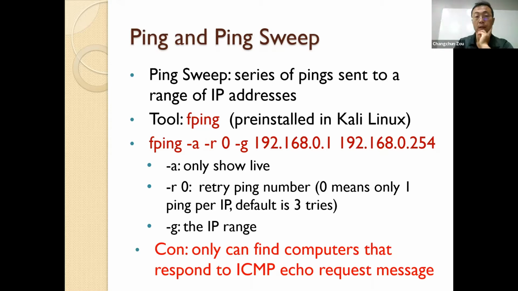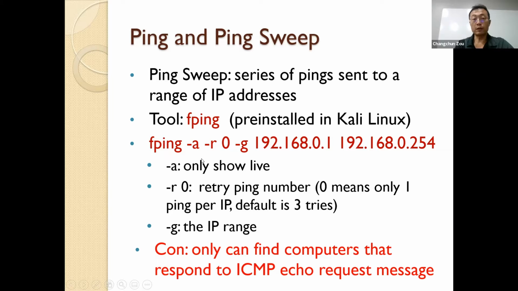So for safety, you can try sending multiple ping messages to the same IP address. If you use -R0, that means we don't retry, so for every target IP address, we only send one ping message. The default is 3 tries. -T means the IP address range.